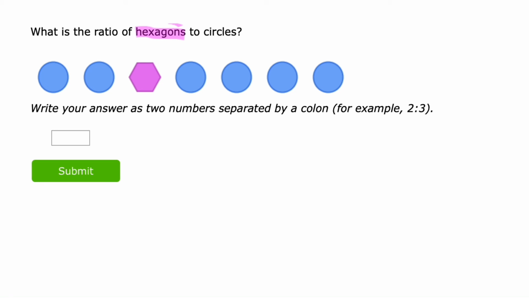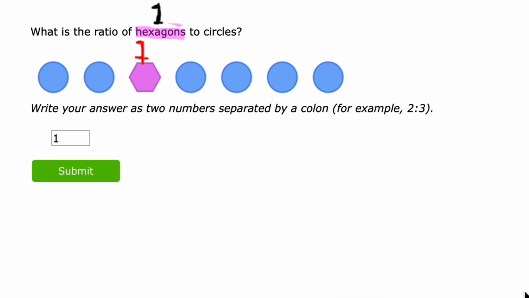Whatever's first, you do first. So let's count how many hexagons there are. It was pretty easy. There is only 1 hexagon. You guys have probably seen that before I even explained this. So we type in 1.